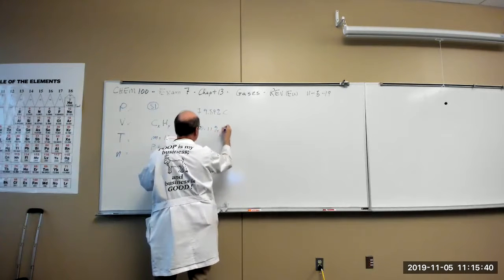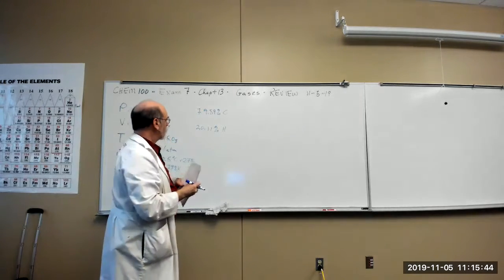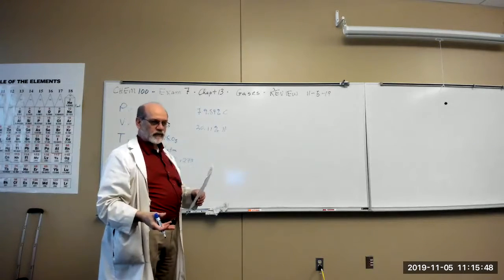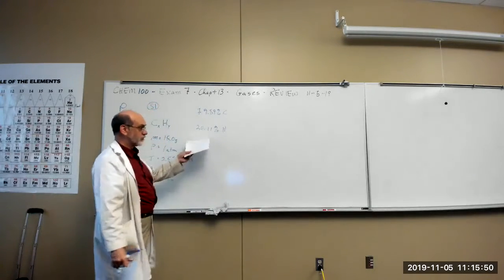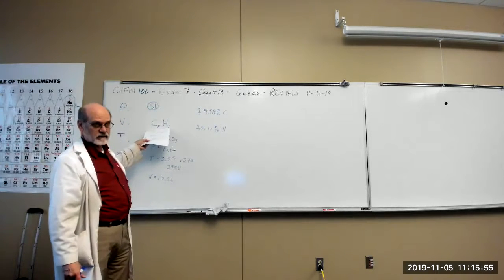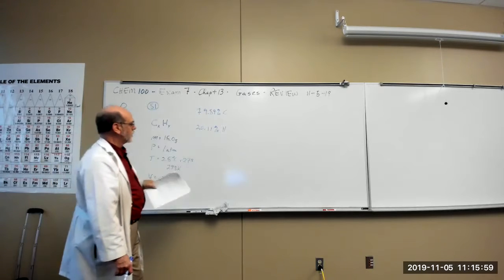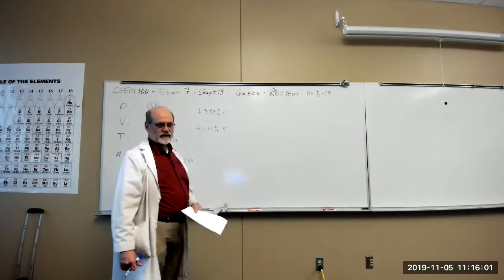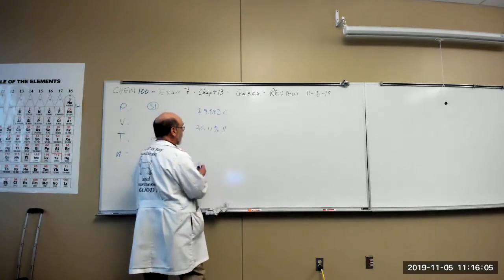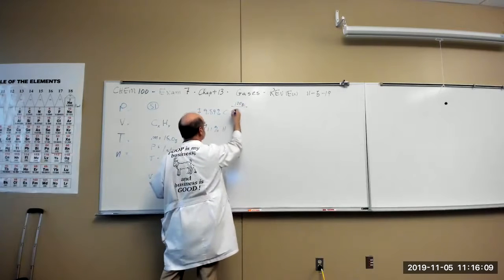20.11% hydrogen. Now, if we use our convention, we would assume 100 grams in order to convert this to moles, because we have to have moles if we're going to have a molar ratio, which is basically what that is. Number of carbon moles to number of hydrogen moles. You can't convert a percent because it has no dimensions. It's just parts per 100. But if we have 100, how many grams of each one of these do we have?